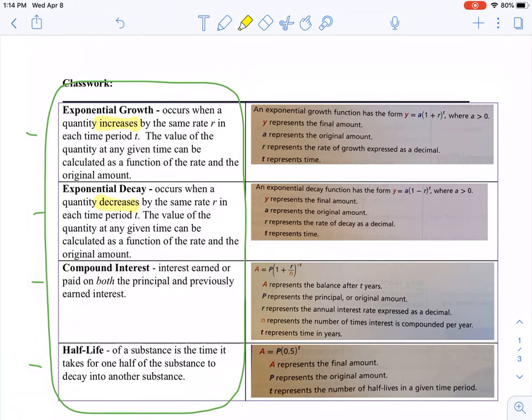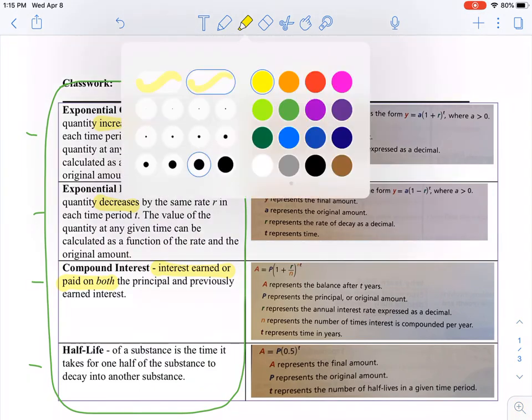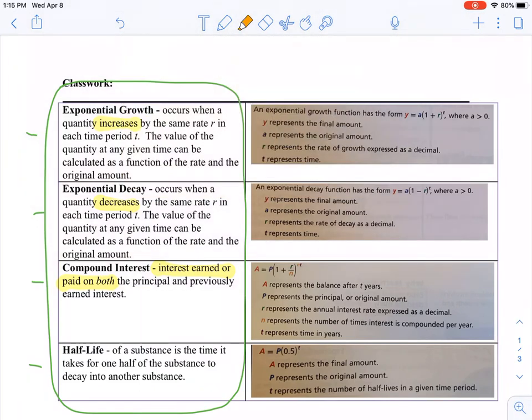And compound interest is interest earned on both the principal and the previously earned interest. So that's why it is compound. It's interest that is being earned on both the principal and the previously earned interest.